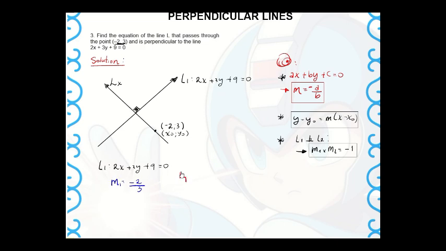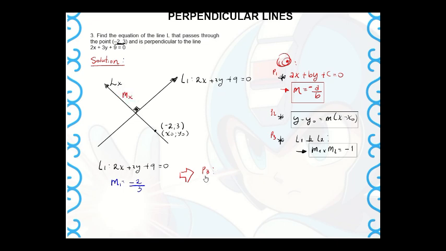And then we may use this property. Let's call property 1, property 2, property 3. Let's use property 3. Property 3 says the product of the two slopes. Let's call the slope of Lx, sorry, mx.